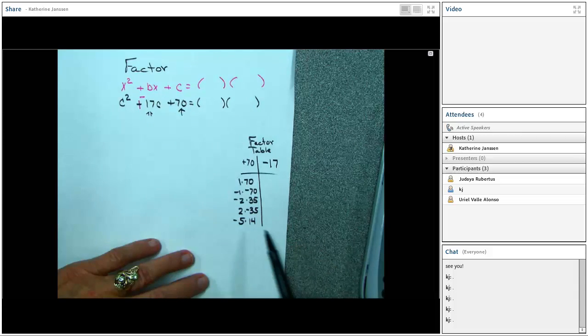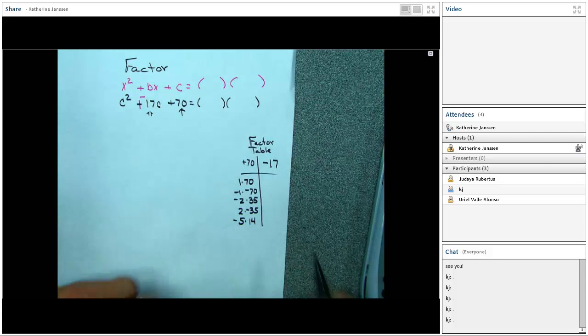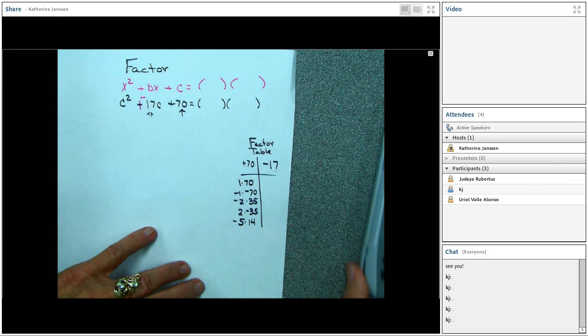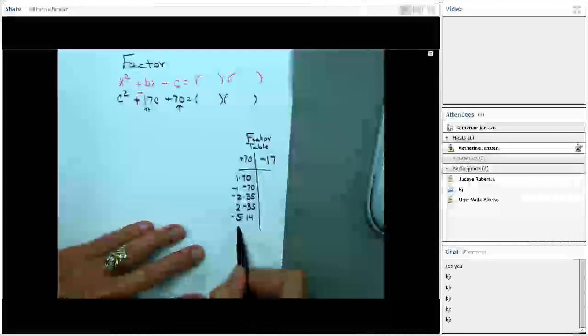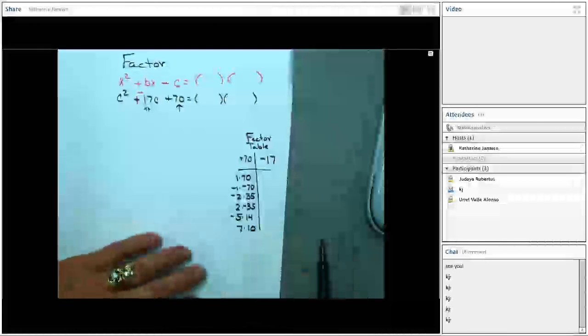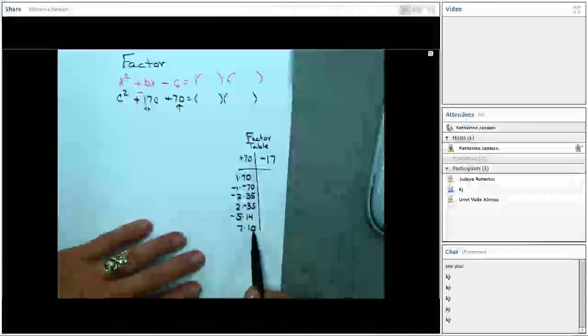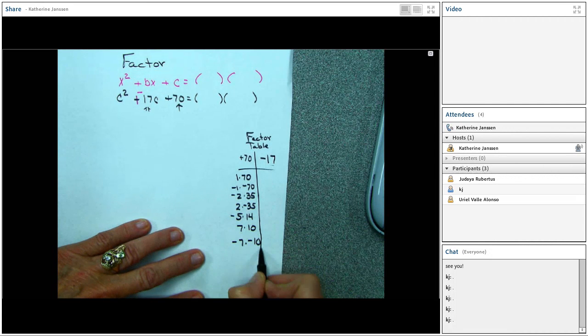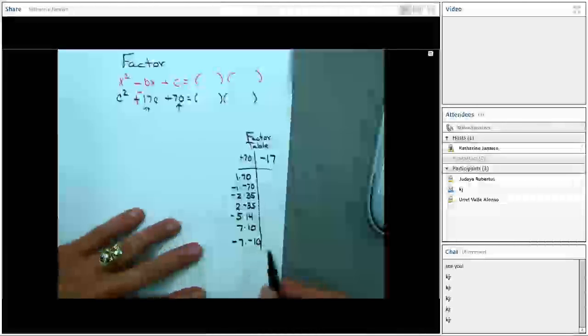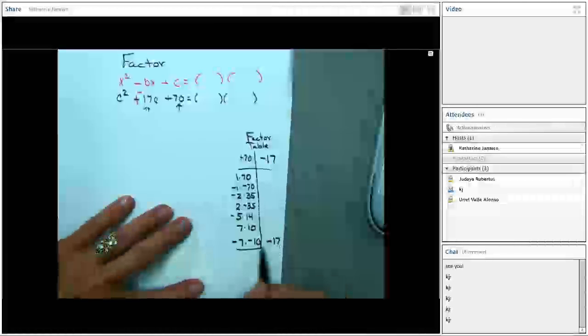Negative 5 times negative 14. Either way, the sum is not quite negative 17. 7 and 10. 7 plus 10 would be a positive 17. A negative 7 times a negative 10 would be a negative 17. So there's your factor pair.